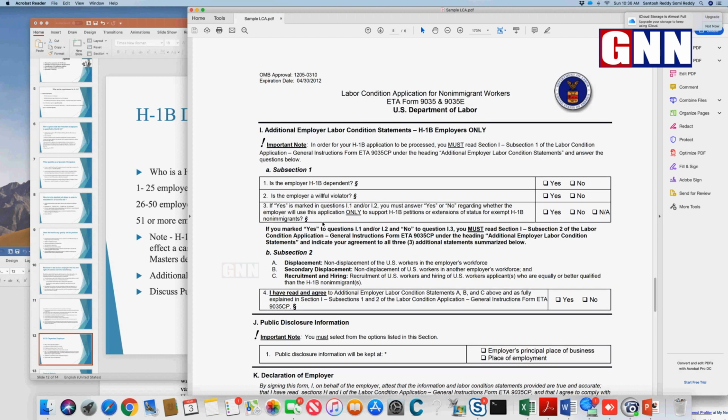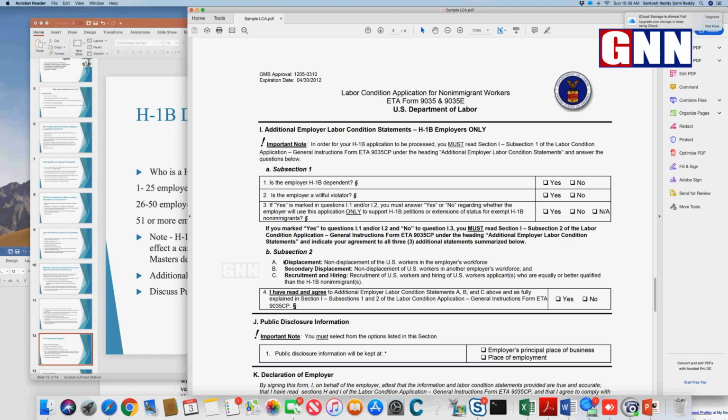If it is used to sponsor a non-exempt employee, then you have to attest that you are agreeing to make sure that this H1B petition would not displace any US worker at your location or at the client location, and that you have conducted necessary recruitment and hiring practice before hiring this individual.